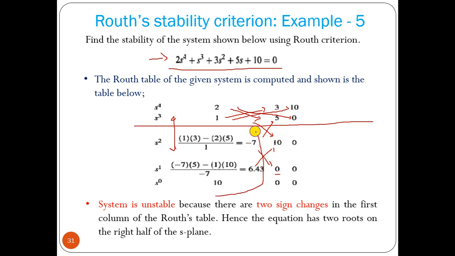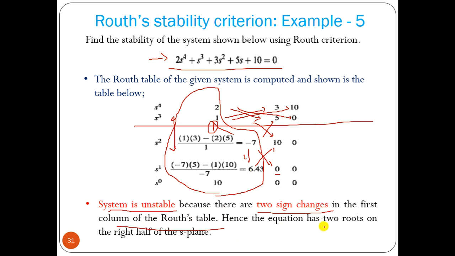Now we have to look into this first column. We can find that from here to here we have a sign change, plus to minus, and again minus to plus, a second sign change. The system becomes unstable because we have two sign changes in the first column of the Routh table.